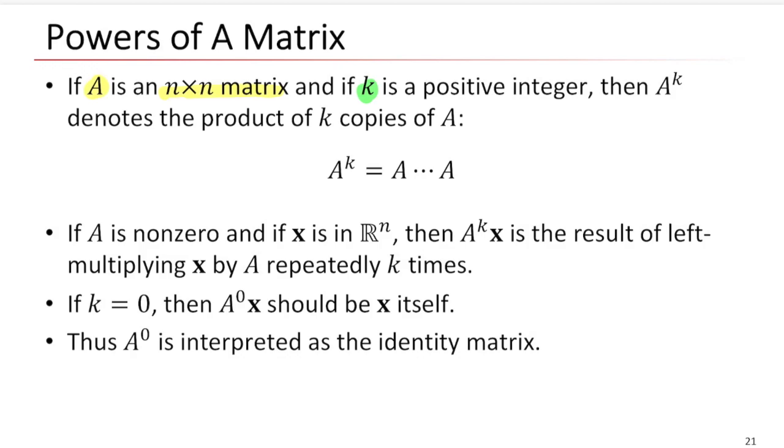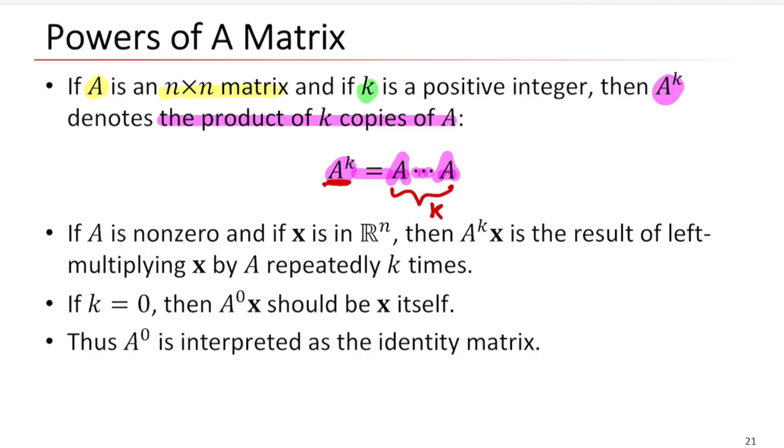Then A superscript k denotes the product of k copies of A. So it means that A^k is equal to A times A times A times A, the product of k copies. This is called the powers of the matrix.